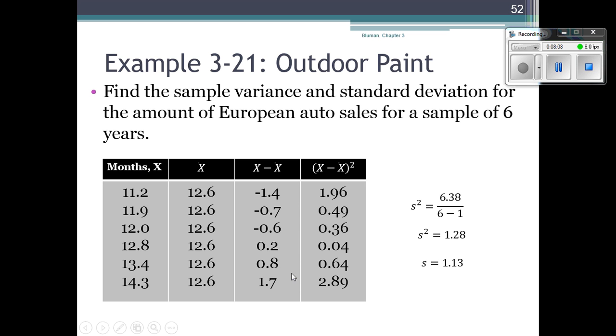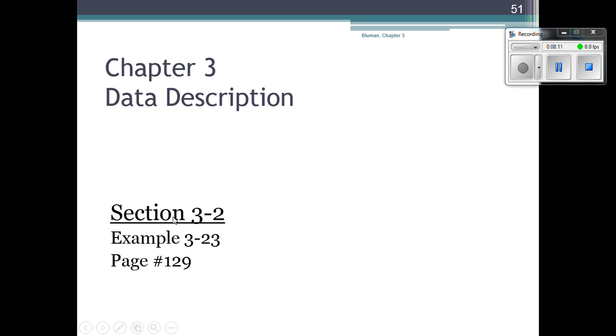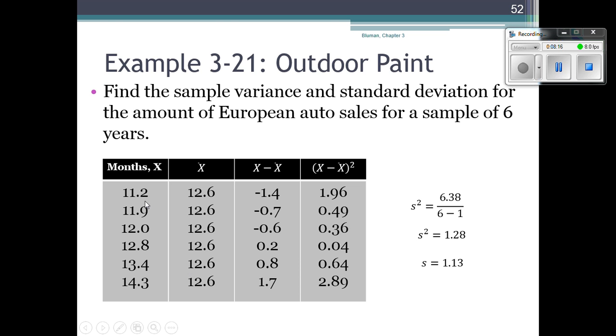Here's an example. Here are all of our x's. This is from page 129. These are our x's, the amount of auto sales. All these numbers were in millions for 6 different years.